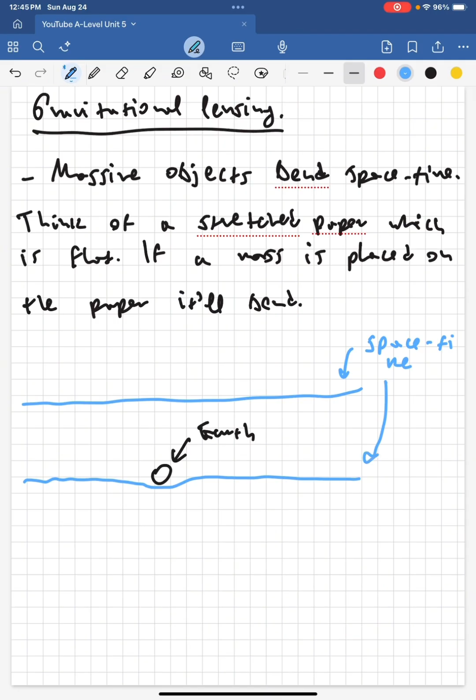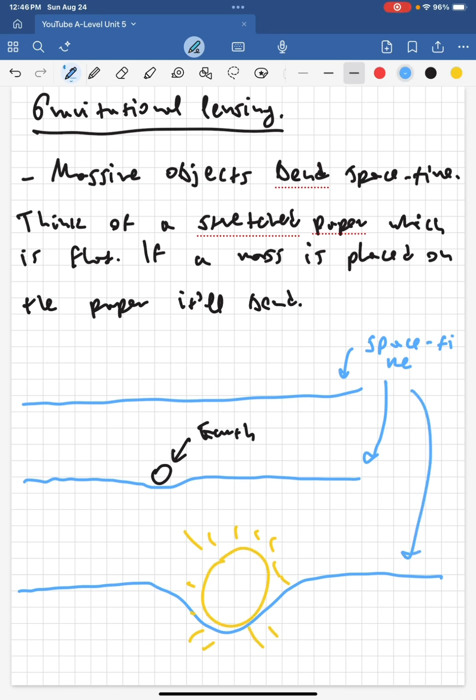It bends a little bit. If we put the Earth on it, it bends even more. If we put the Sun on the space-time, the Sun bends the space-time more than the Earth.